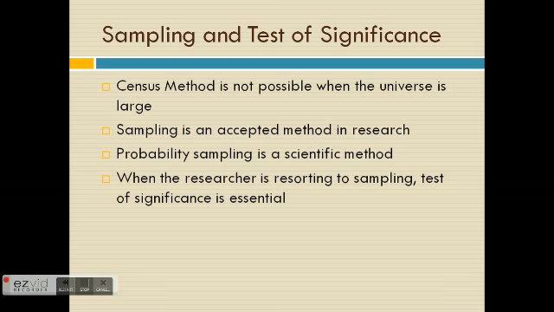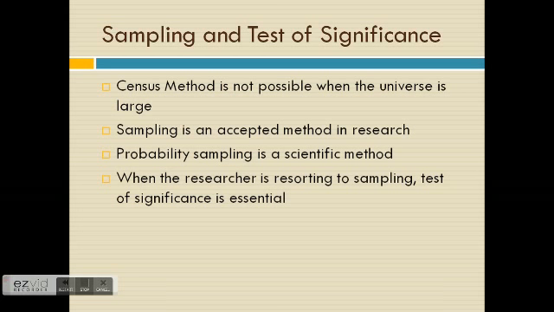Under such circumstances, the test of significance is considered a very vital one in social science research. Not only in social science research, but in any research, when the sampling procedure is adopted, the test of significance is also considered very important.